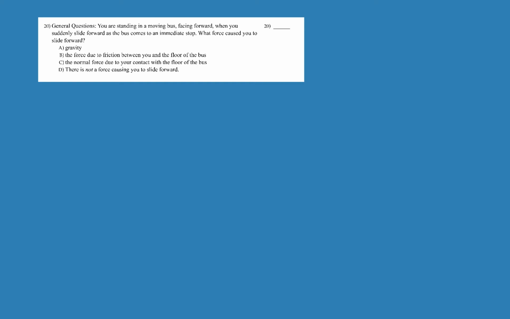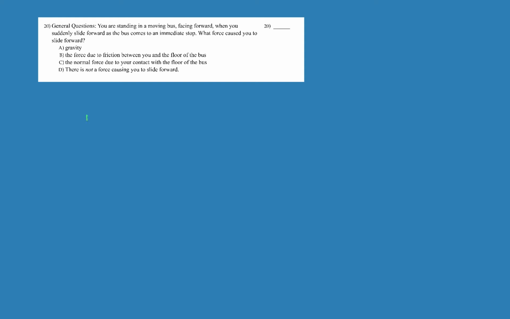The force due to friction on the floor of the bus, maybe there is no friction. Maybe there is a slight friction. No. The normal force due to your contact with the floor of the bus, no, the normal force is going up. It will not make acceleration to the right. There is no force acting on you causing you to slide forward. There is nothing acting on you.